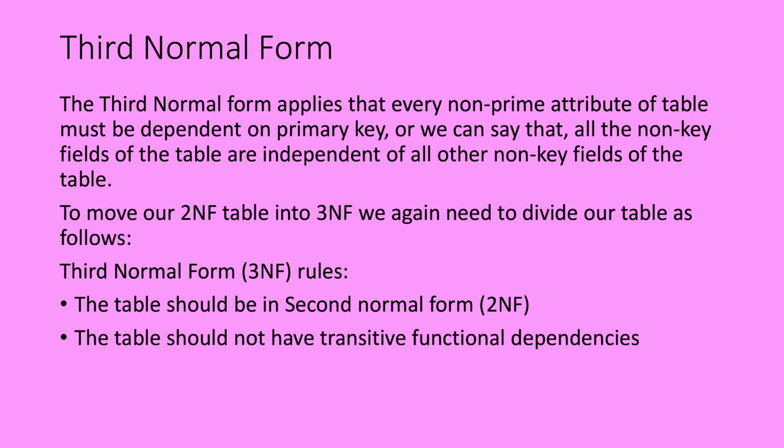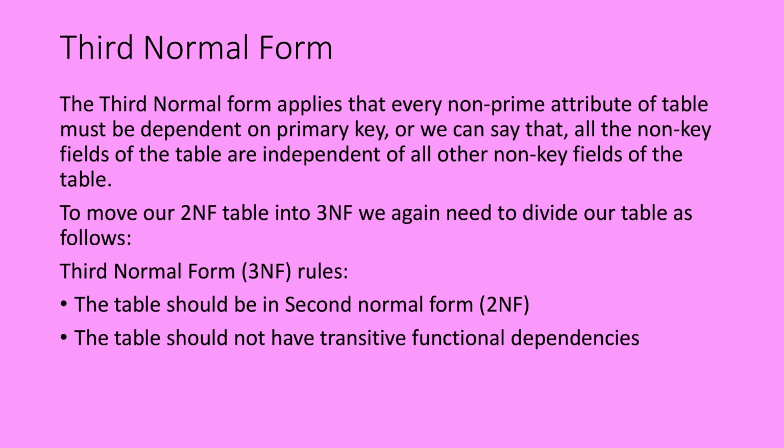Next is third normal form. The third normal form applies that every non-prime attribute of a table must be dependent on primary key, or we can say that all the non-key fields of the table are independent of all other non-key fields of the table. To move second normal form table into third normal form table, we again need to divide our table as follows.